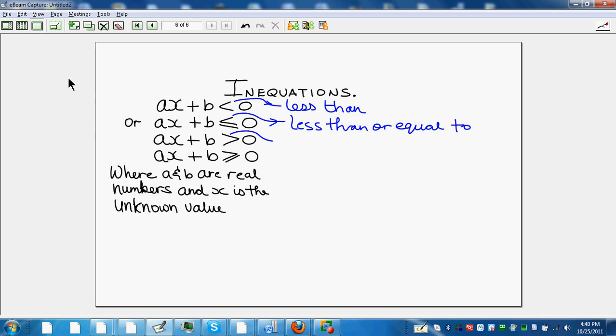This one means greater than. And this one means greater than or equal to.